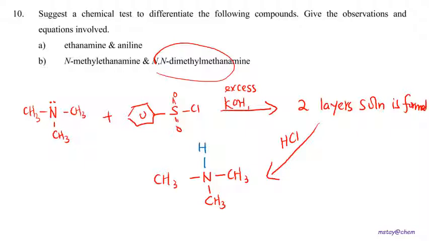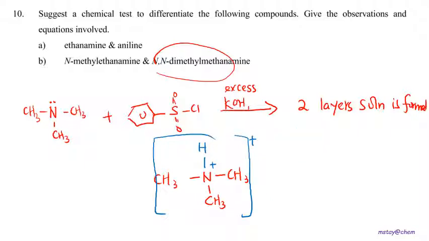Since the nitrogen has 4 bonds, it will become positively charged. Or you can just draw it like this, positively charged, and then we will have the Cl, which will be Cl negative. So here we will write this. When the base and the acid HCl react, it will give a clear solution.